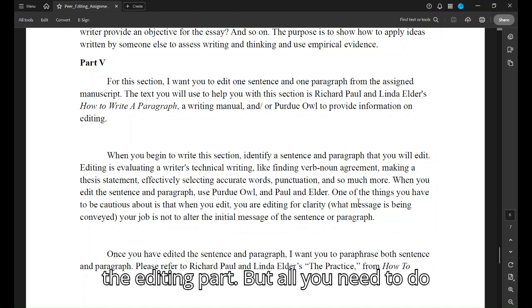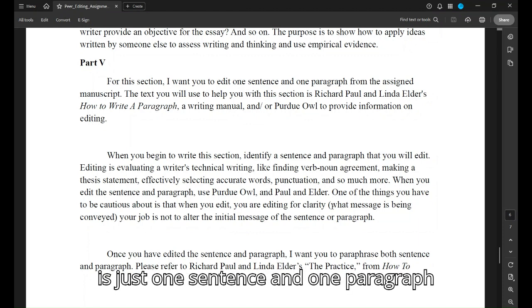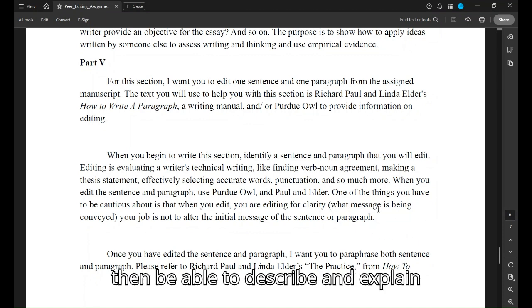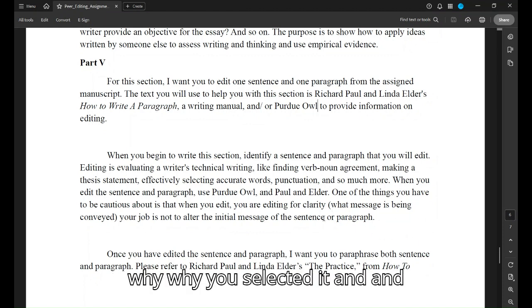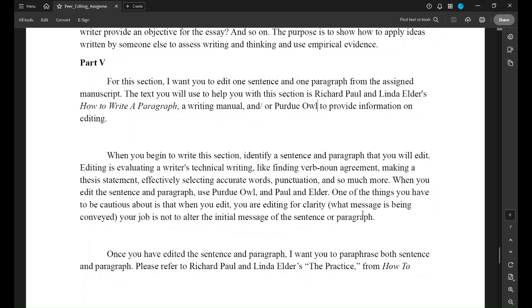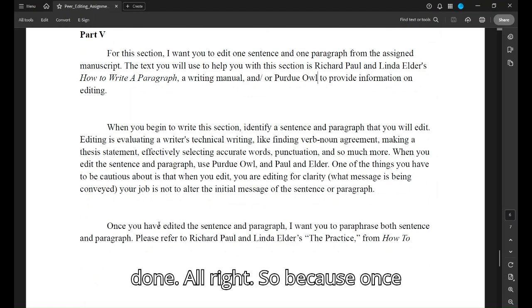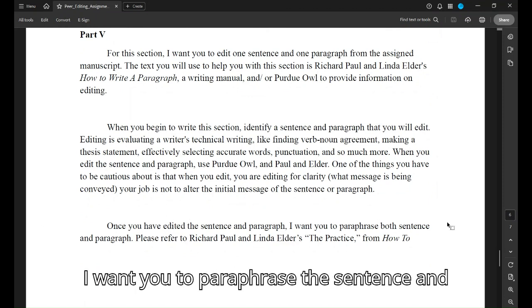But all you need to do is just one sentence and one paragraph from any part of the essay. All right. But then be able to describe and explain why you selected it, and then show the editing that you've done. Once you've edited the sentence or paragraph, I want you to paraphrase the sentence and the paragraph.